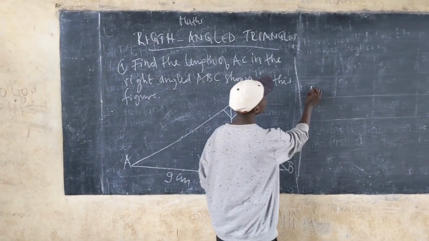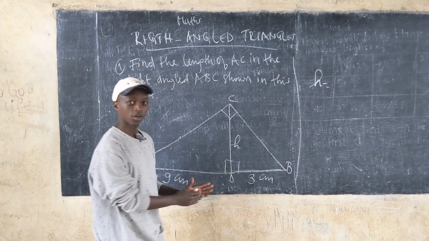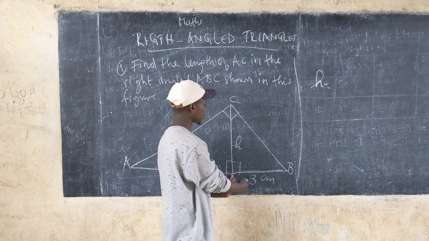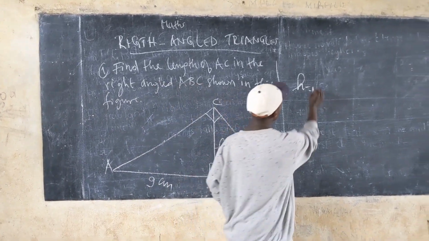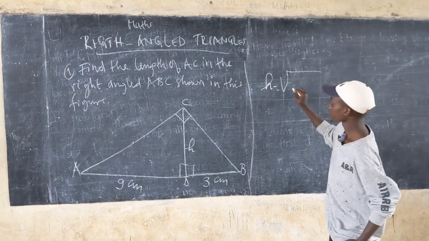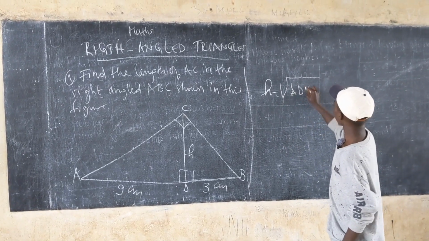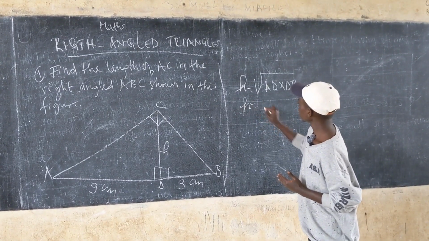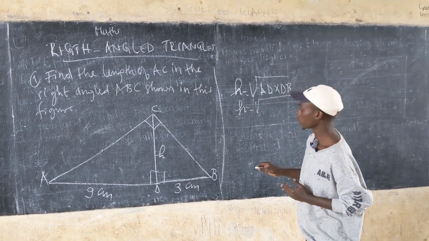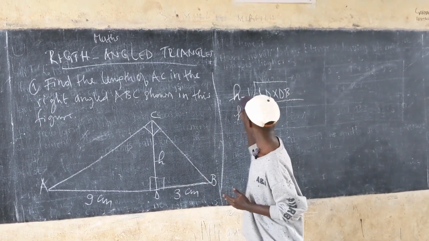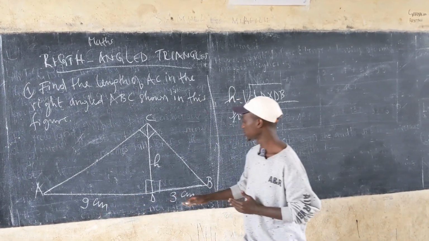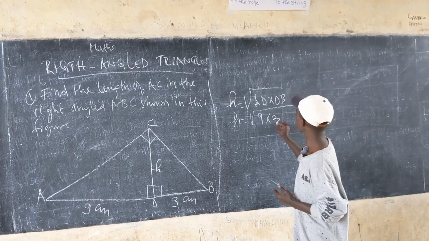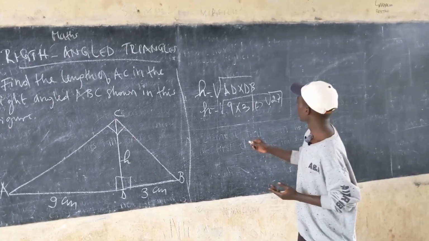Firstly, H is equal to the square root of AD times DB. So H will be equal to the square root of 9 times 3, because AD is 9 centimeters and DB is 3 centimeters.